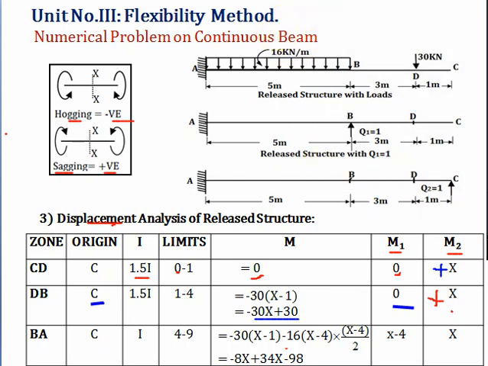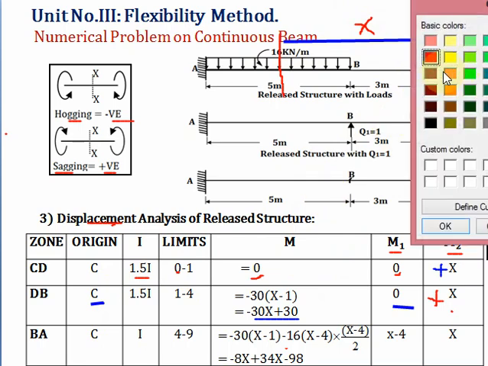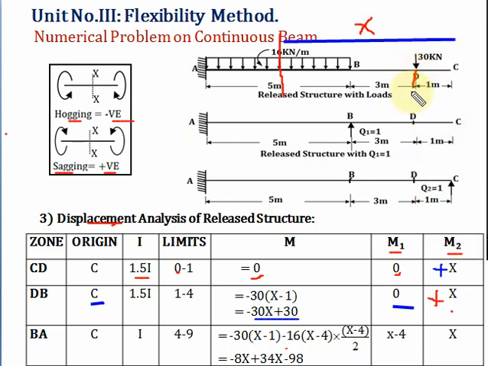Now we'll consider the section in portion BA, and we'll measure this x from point C. It is measured from the origin C. Now what are the forces here? This 30 kilonewton will act like this.